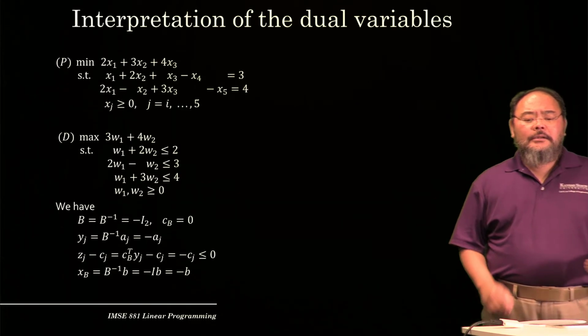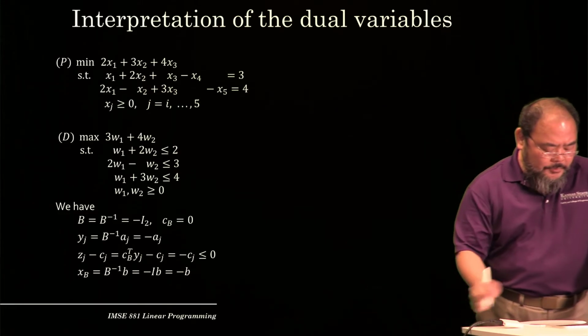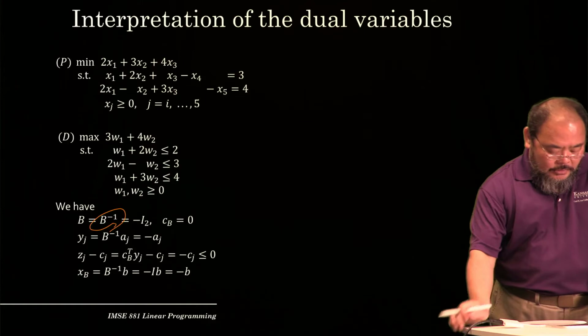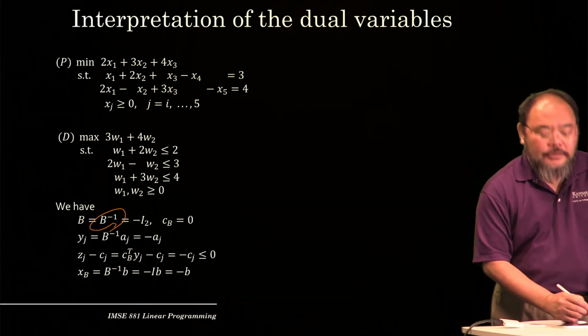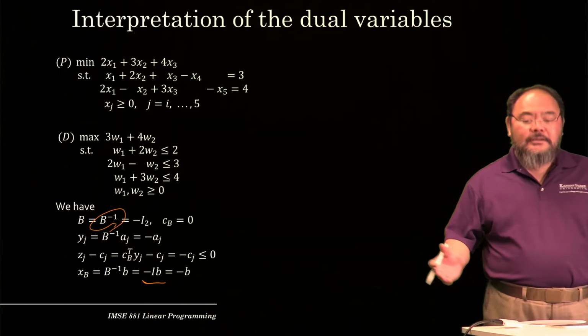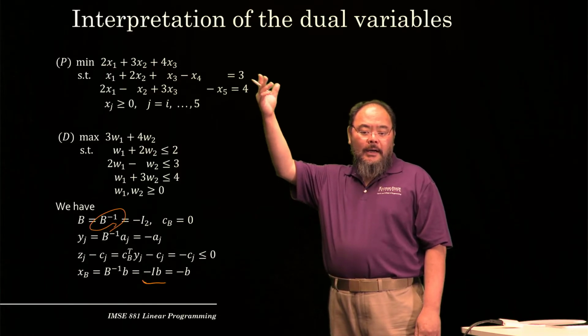Finally, my basic variable equals B inverse times b. We know that B inverse equals the negative identity matrix, so negative identity times b equals negative b. So basically we multiply these two constraints on both sides by -1.